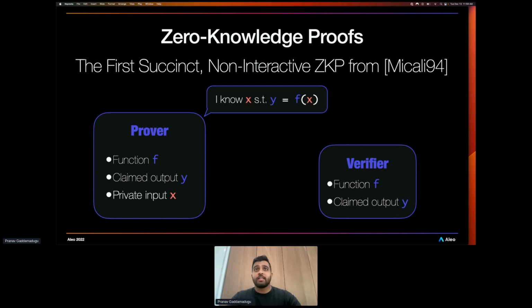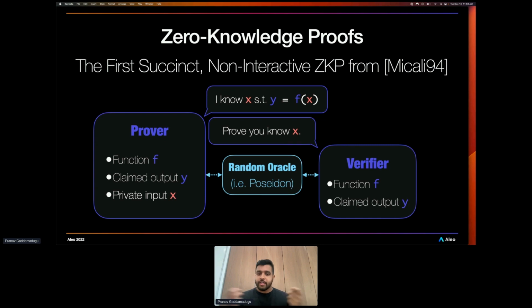And when the prover makes the claim and the verifier asks the prover, first, they agree on some random oracle, basically some common transcript, which the prover will use when they're generating the proof, and the verifier will use when they are verifying.